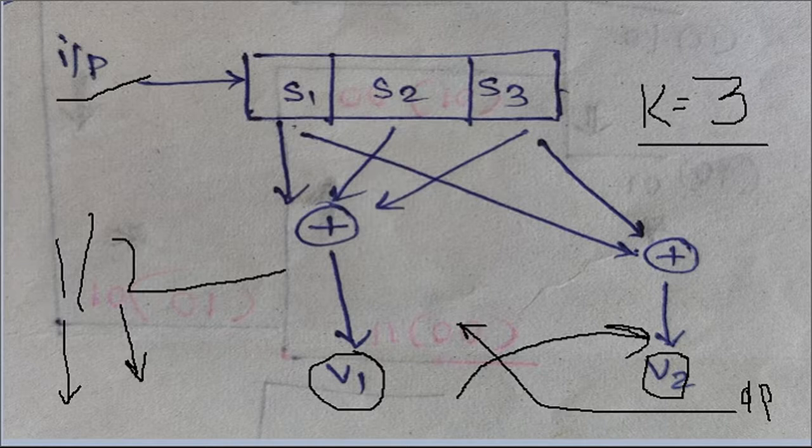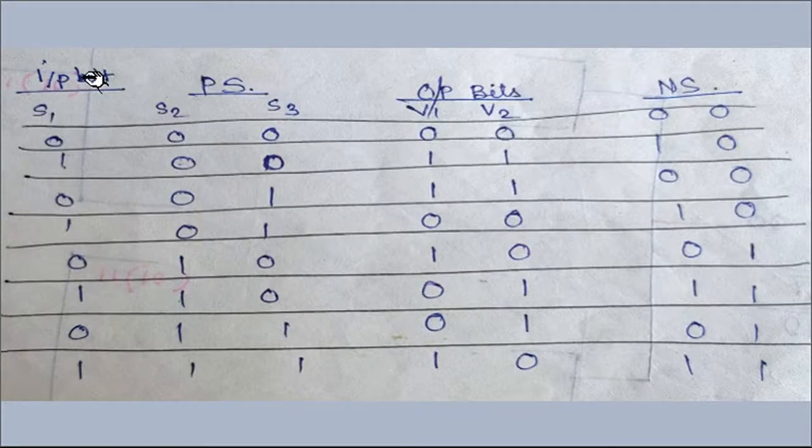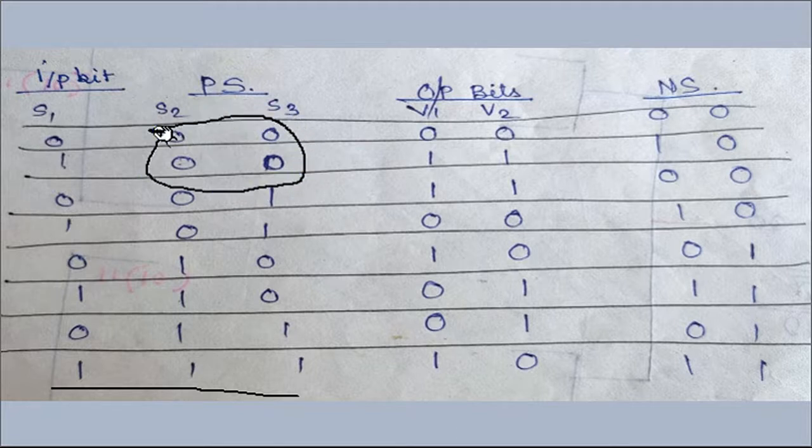Once we analyze this, we can prepare the simplified state table in this manner. For input bit, S1, S2, S3, let's start from 000 to 111. When the present state S2 S3 is 00, the input bit will be either 0 or 1.